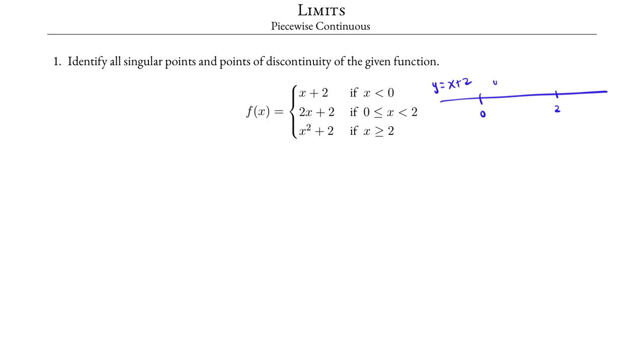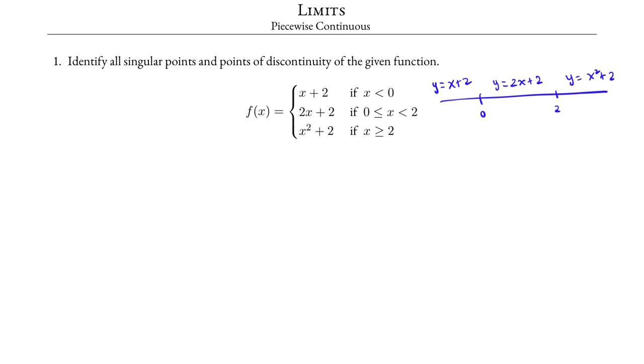And the last piece is x squared plus 2 if x is greater than or equal to 2. It helps if we do this so that we know what the breakpoints are.